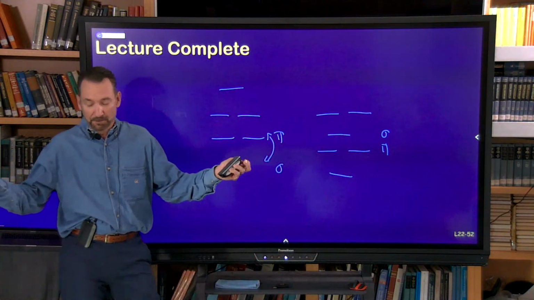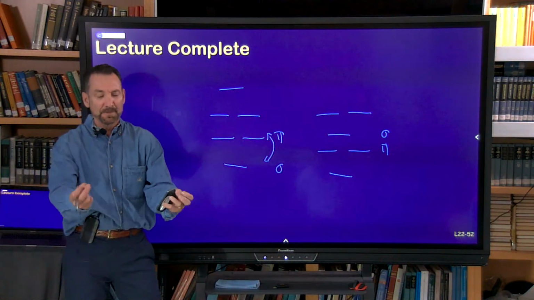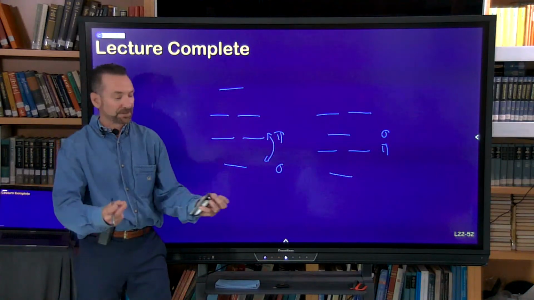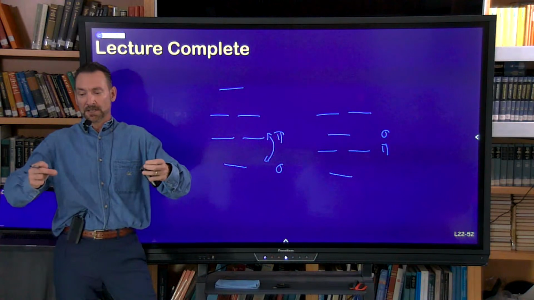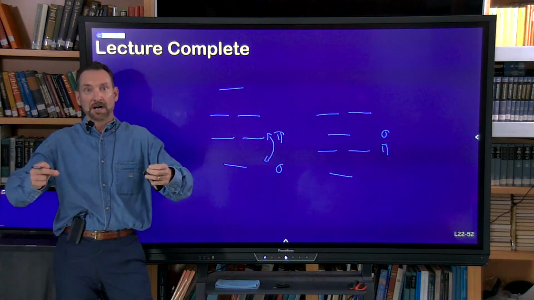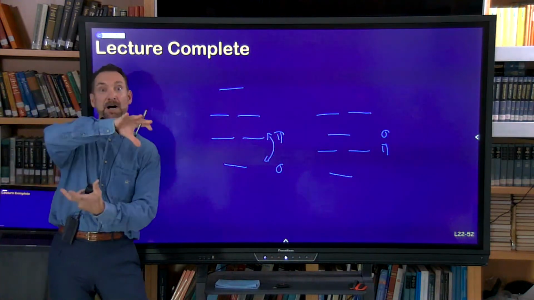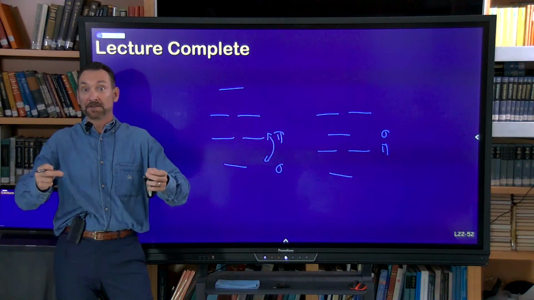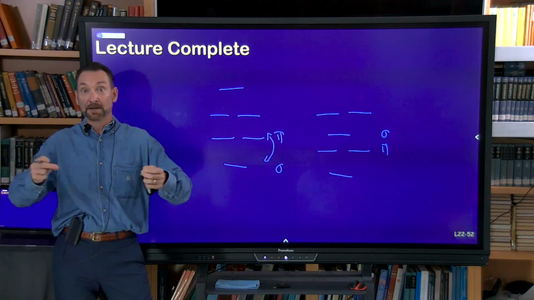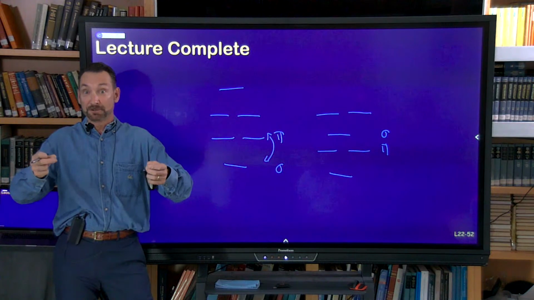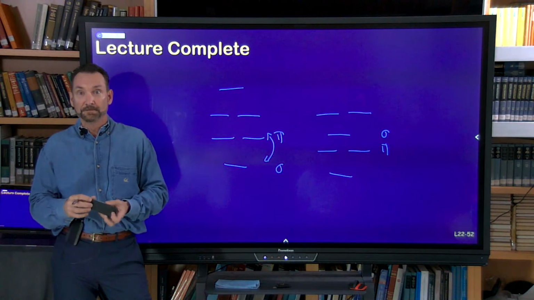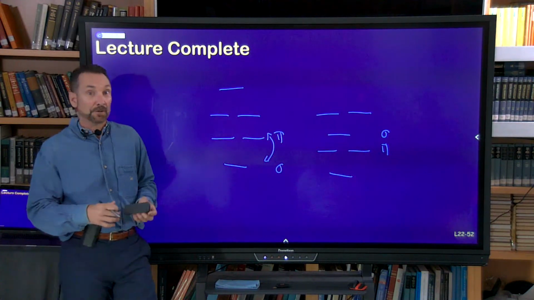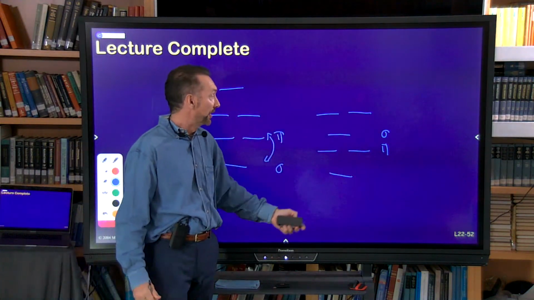But there's some intuition about why it happens. Why does the sigma bond drop in energy as you get to the slightly larger atoms? Well, they're getting farther apart, and the pi interaction is lower in energy than the sigma because of the geometry of going to larger atoms. So there's some intuition there.